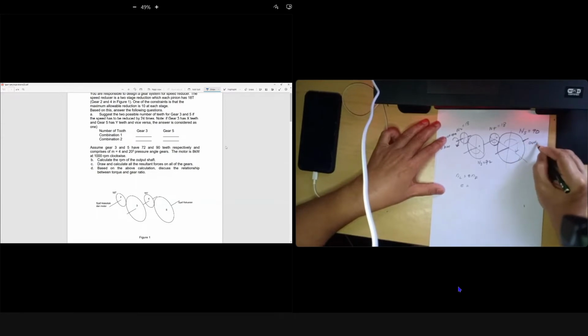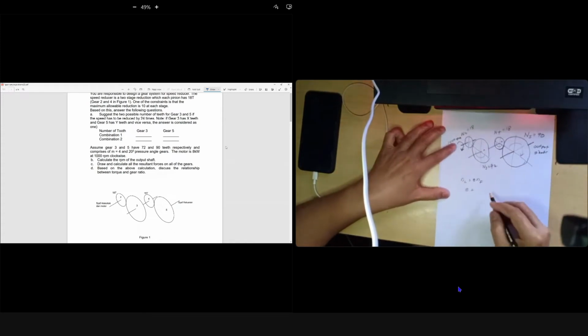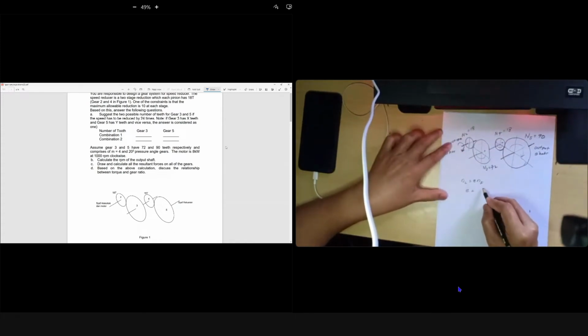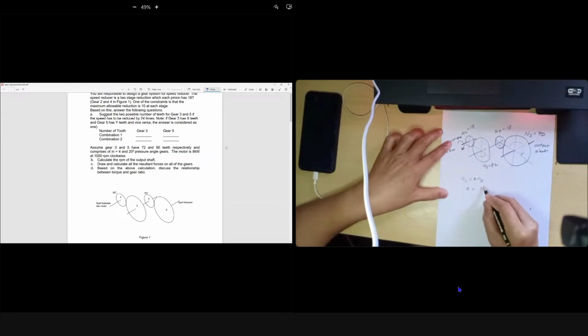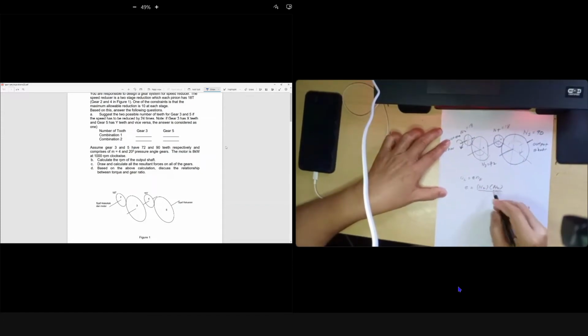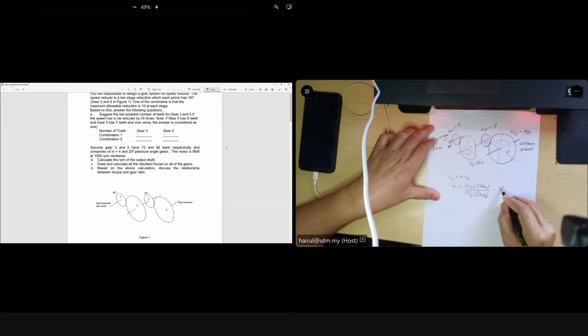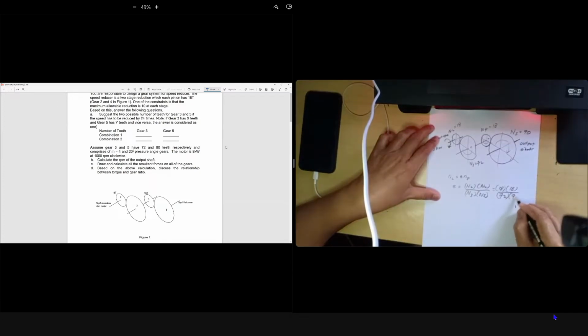What is the speed there? E equals what is driving? The product of N2 and N4, driving N3 and N5. So we have N2 is 18, N4 is 18, over N3 is 72 and N5 is 90.